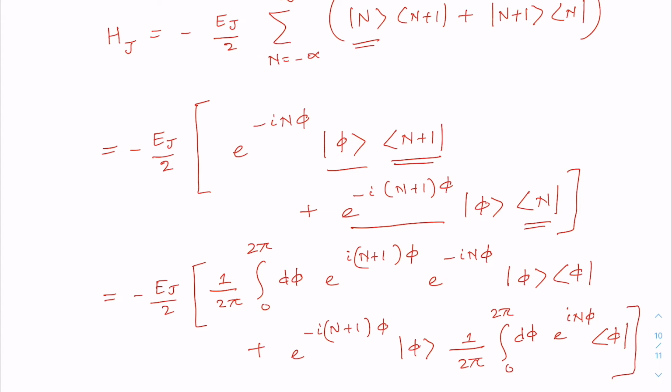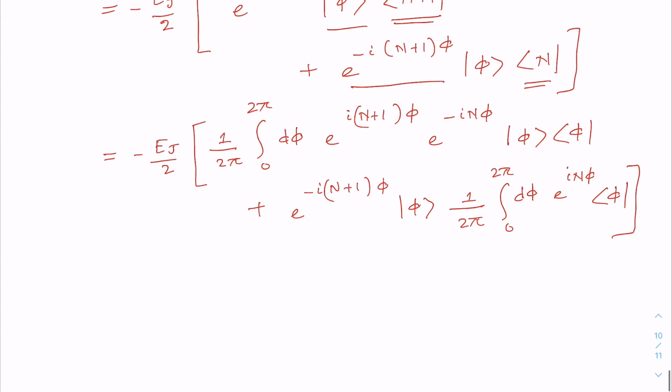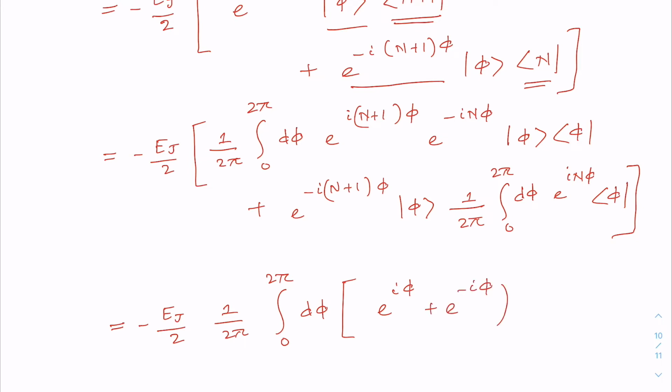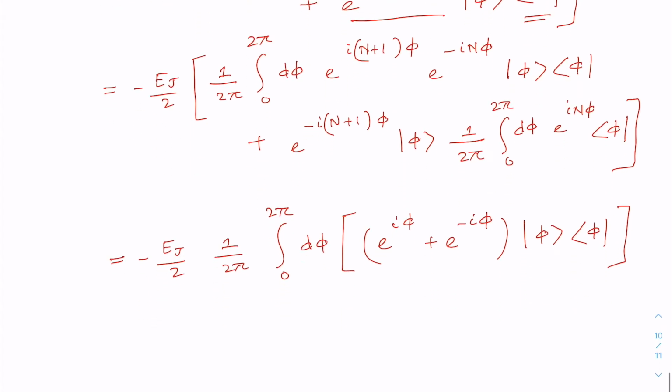This is what I get, and you can easily see that the whole thing can be written as minus E_J by 2, 1 by 2 pi, integral from 0 to 2 pi d phi, with terms e to the power i phi plus e to the power minus i phi, and then ket phi and bra phi. So this is what I get.